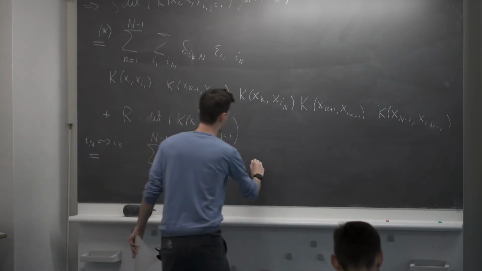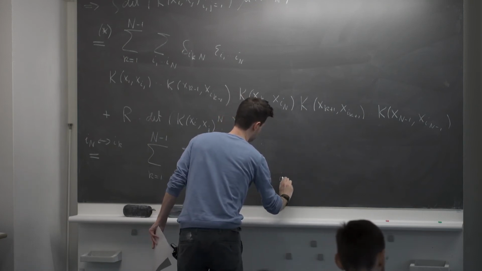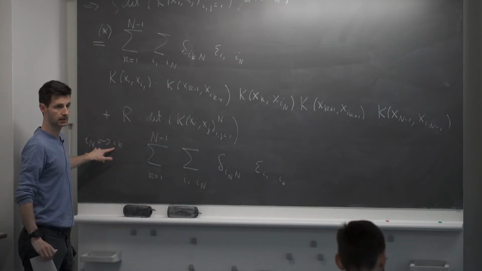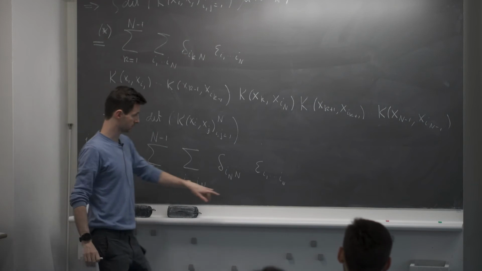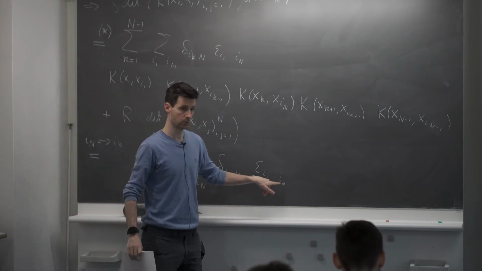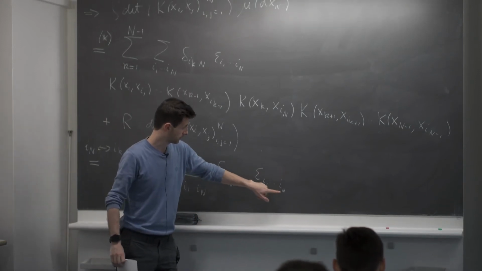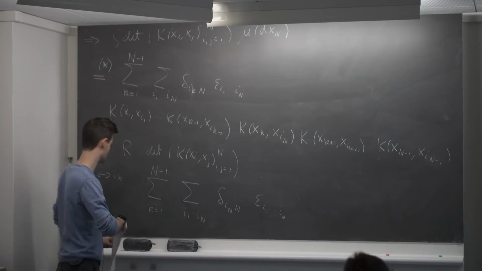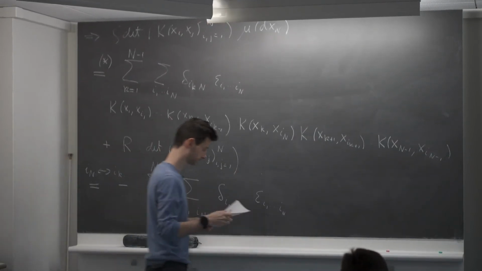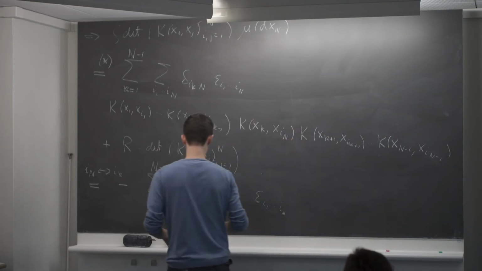And then I have epsilon. Now I have to be a bit careful. If I swap the roles of in and ik, that means I do a transposition of this. I do one transposition in this permutation, which means if I now rename them so that they are in the correct order again, I get a minus sign. And otherwise, I have exactly what I needed.